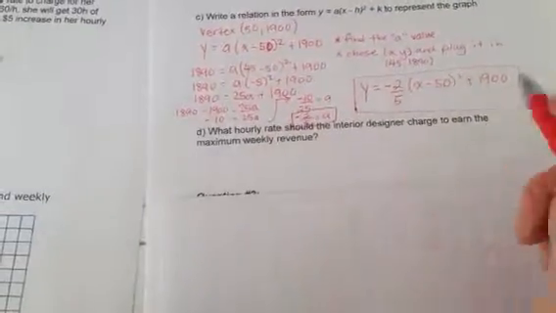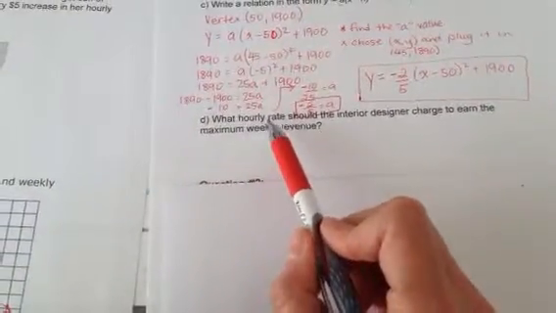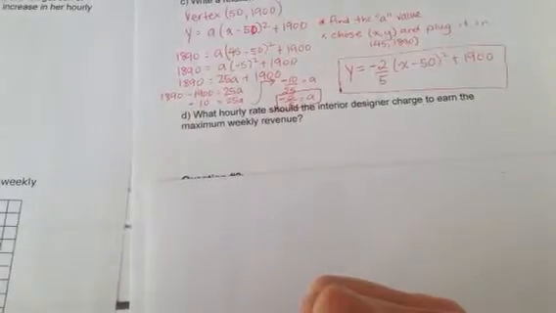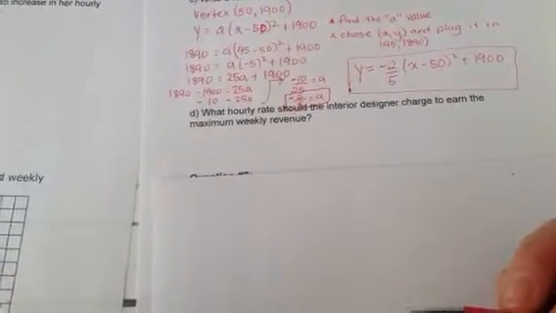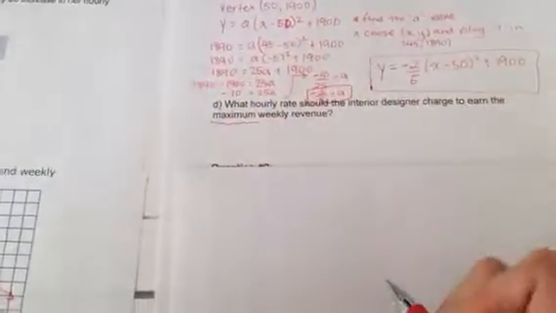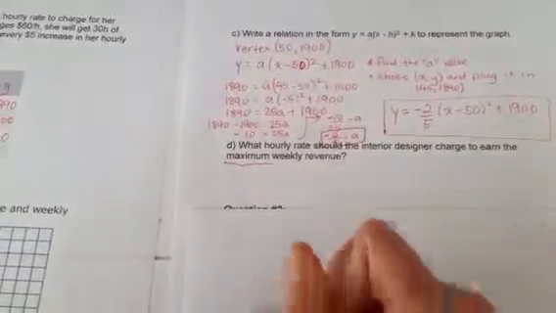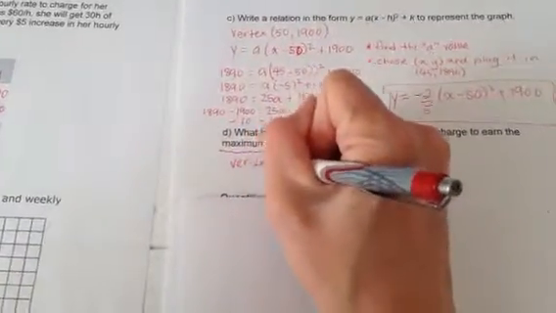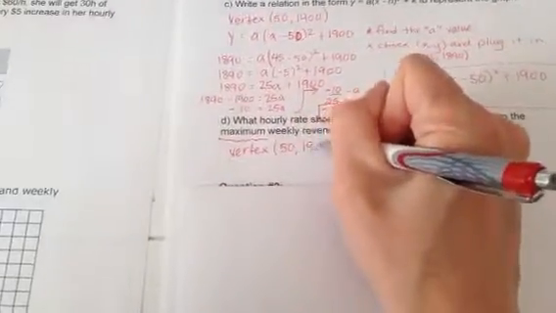Okay, so now that we have our equation, we can answer part D. What hourly rate should the interior designer charge to earn the maximum weekly revenue? Well, our maximum weekly revenue is, of course, where our vertex occurs. We know that our vertex is at 50, 1900.